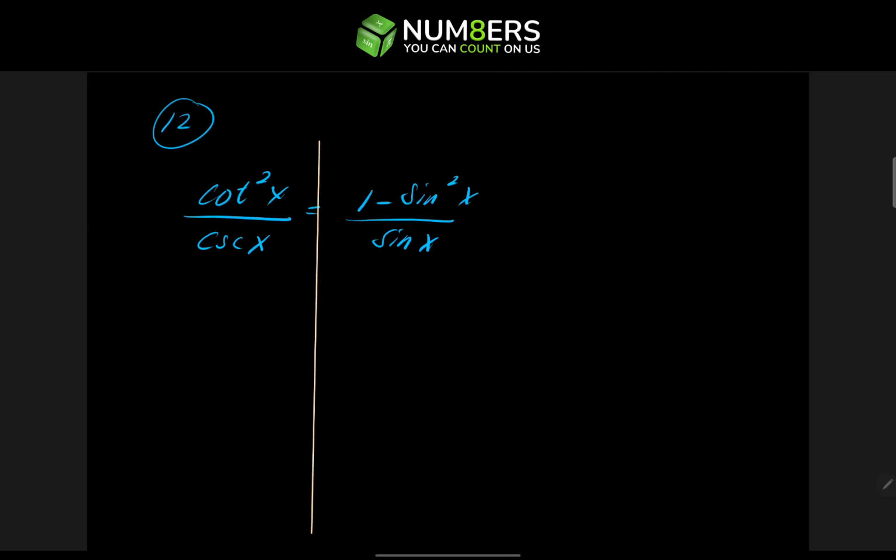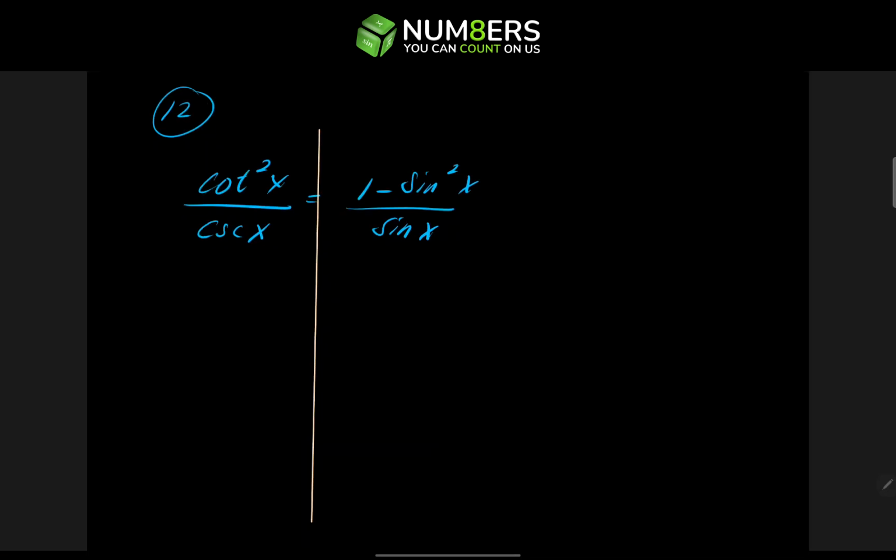Okay, so for this one, we're going to first start by writing cotan squared in terms of sine and cosine. And if we recall that cotan of x is equal to cosine of x divided by sine of x, and that's a quotient identity.